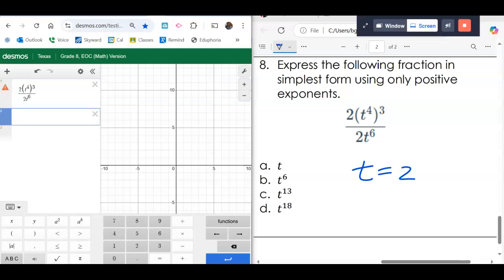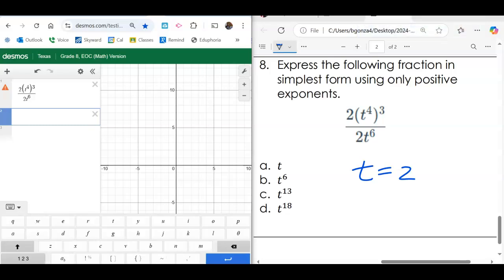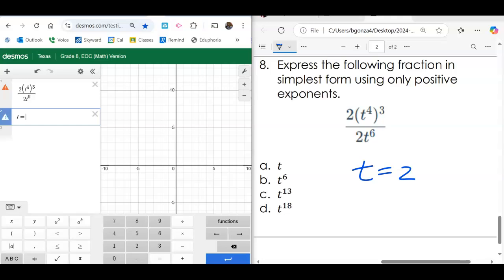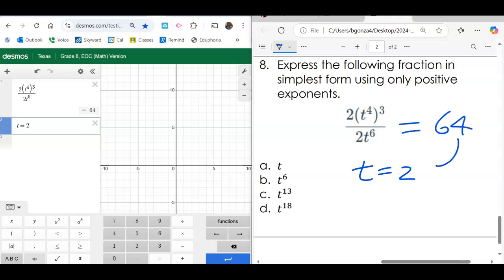Now, I typed in the equation first. I forgot to type T equals 2, but I can still do it afterwards. T equals 2. And now it gives it to me, 64. So now I just got to type in all these answer choices.